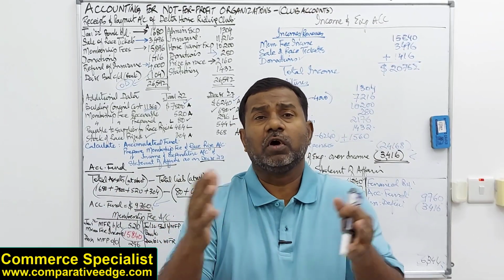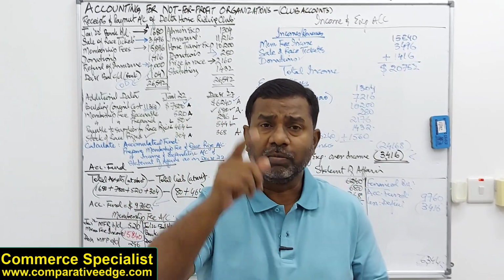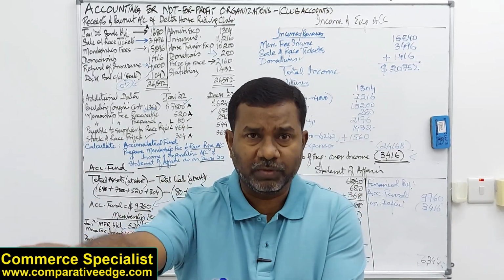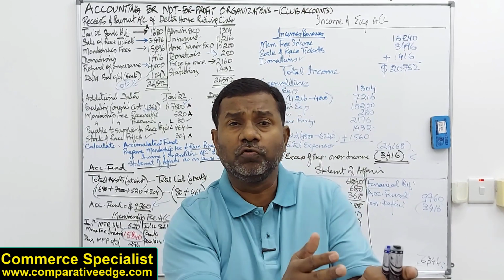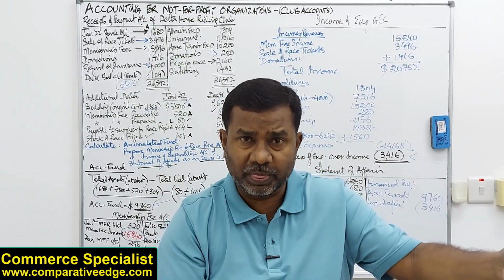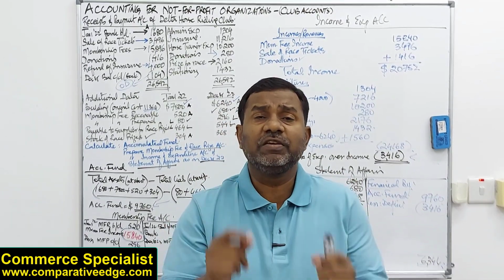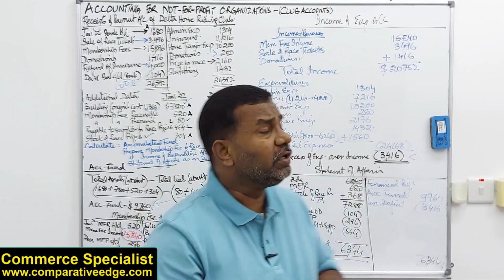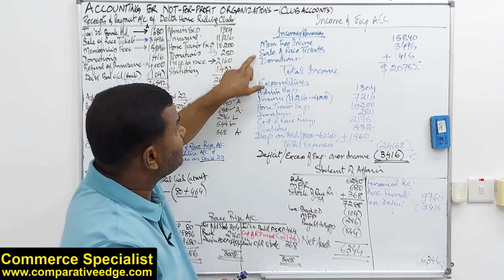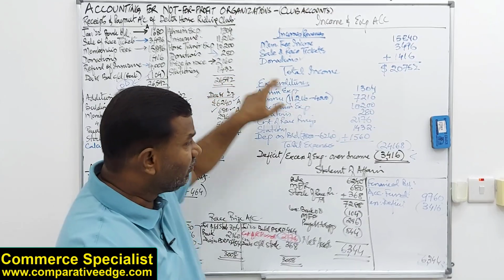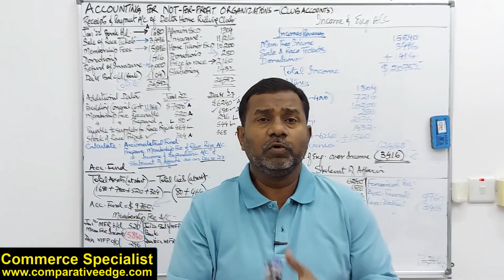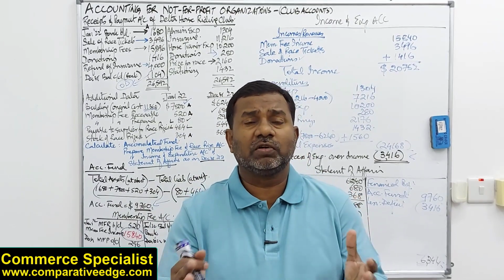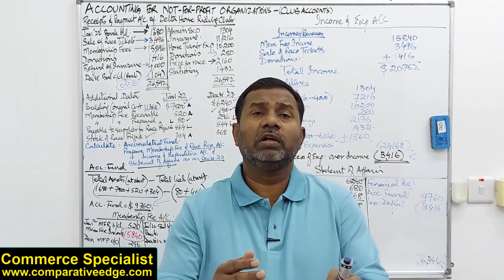Maybe if it's a hospital, I'm giving you a donation, but I want you to buy a CT scan machine, or improve and upgrade your laboratory services. So if donations are received for a specific purpose, we do not take the donations among income. Instead, we show them here as a restricted fund.